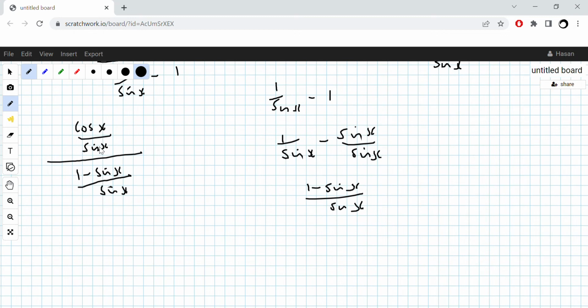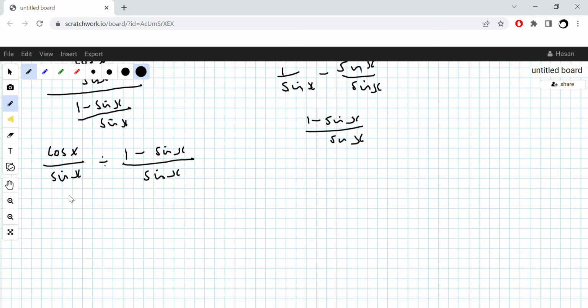To make it simpler for us, we can rewrite this as cos x over sine x divided by 1 minus sine x over sine x. That's the same as writing cos x over sine x times by the reverse of this, which is sine x over 1 minus sine x.